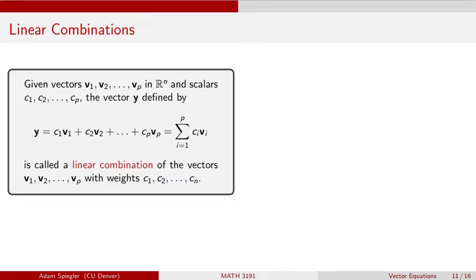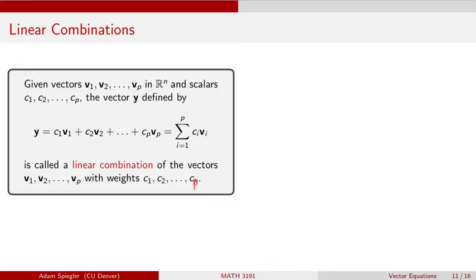And we want to think about, is there a way that I can add some scalar multiple of these vectors v1 up to vp and wind up with some specified vector y, which also sits in Rn. And so we say that if this can be done, then this vector y is a linear combination of the vectors v1 up to vp with weights that are given by c1 up to c sub p.